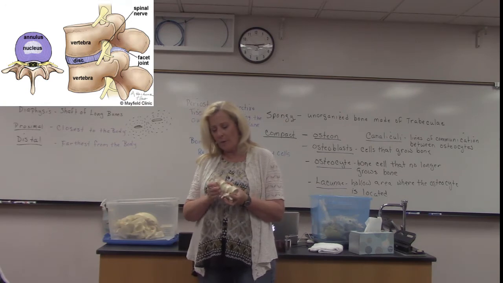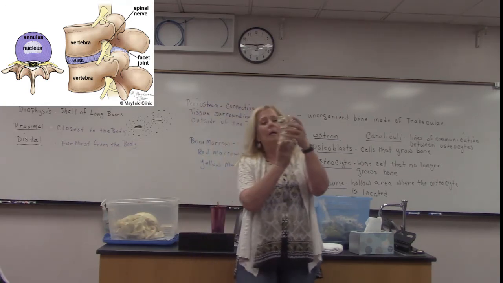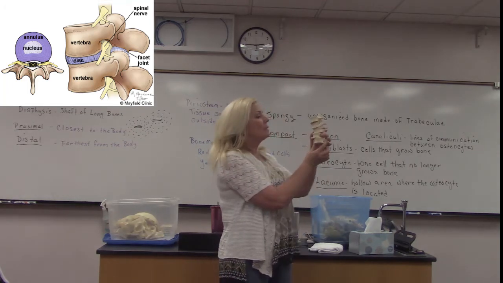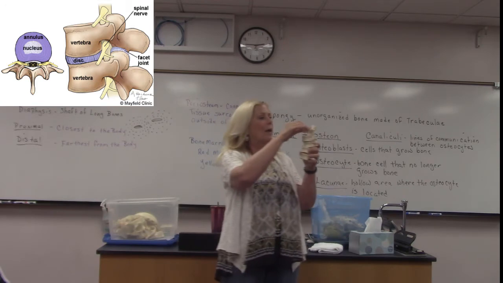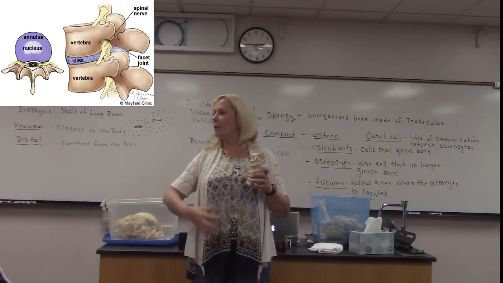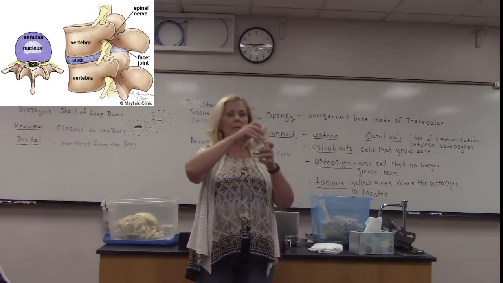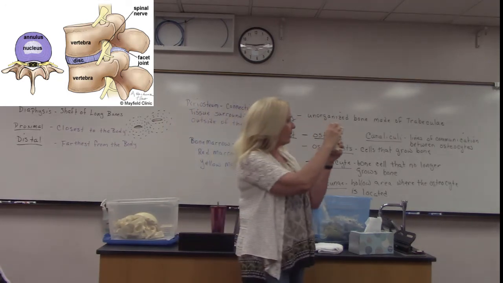So our vertebrae stack on top of each other, kind of like this. And the problem is, if each one of these vertebrae were right on top of each other, and because of the fact that we are animals that are erect, there's a lot of pressure on the bones of these vertebrae.